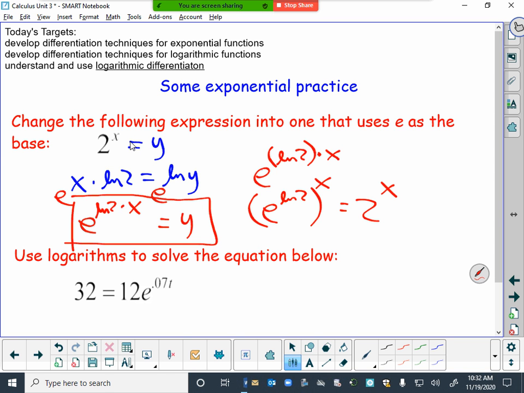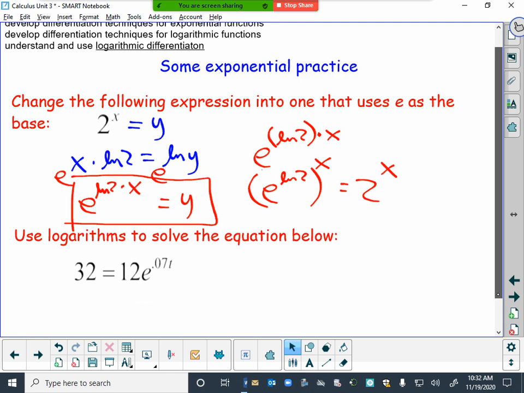So I can change the base of that exponent into anything that I want by the choice of logarithm that I use to solve for x on the first step. We'll talk about why this is important as we go along here.